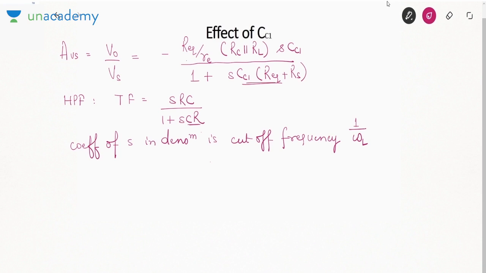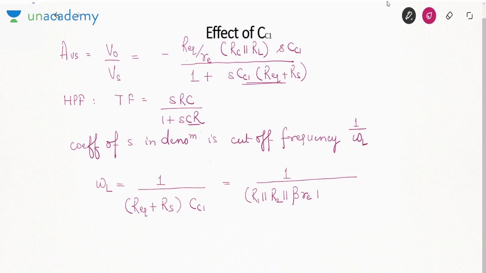So here also what you can say from this expression, that the cutoff frequency will be 1 by R equivalent plus RS into CC1. What was R equivalent actually? R1 parallel R2 parallel beta RE plus RS into CC1.